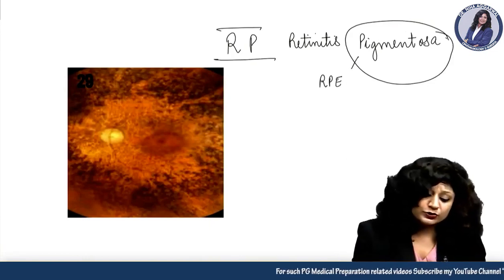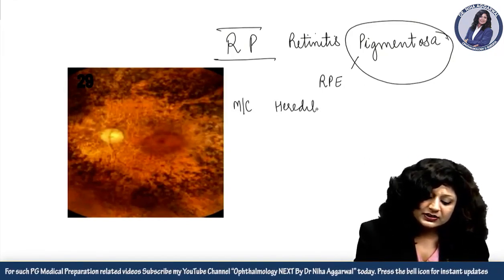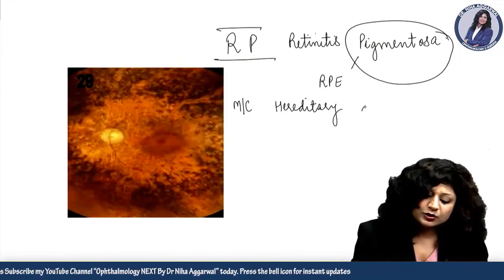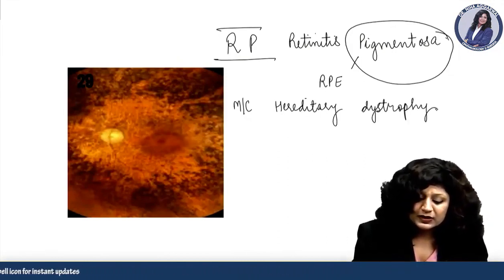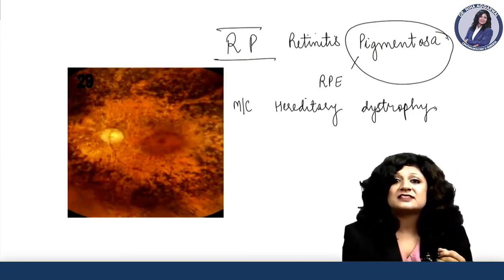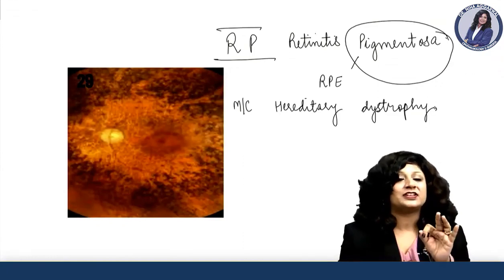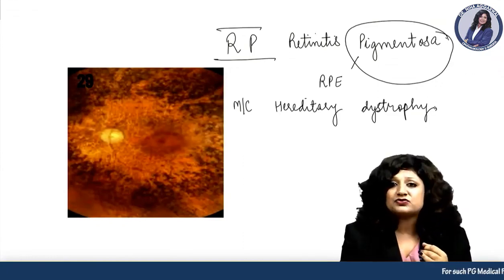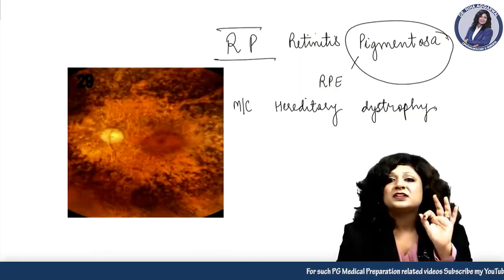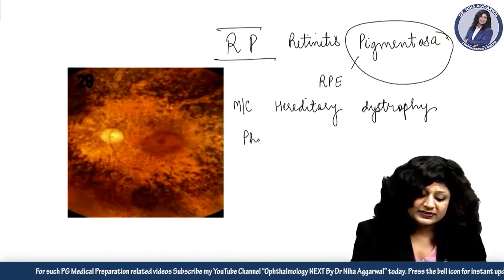It is also the most common hereditary dystrophy. It's a hereditary disease, it's a pigmentary disease and it's a degenerative disease. That means it's a dystrophy. Most common hereditary pigmentary dystrophy which is affecting the photoreceptors.